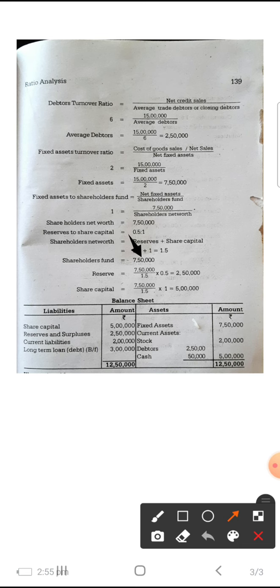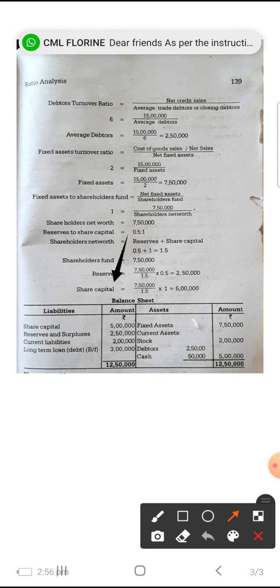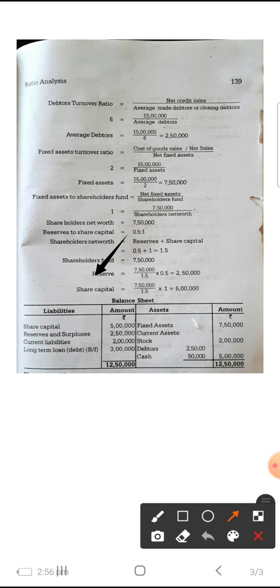Reserves to share capital is given as 0.5:1. So divide it, you will get the information, and then cross multiply. Reserves you will get 2,50,000, capital you will get 5 lakh.